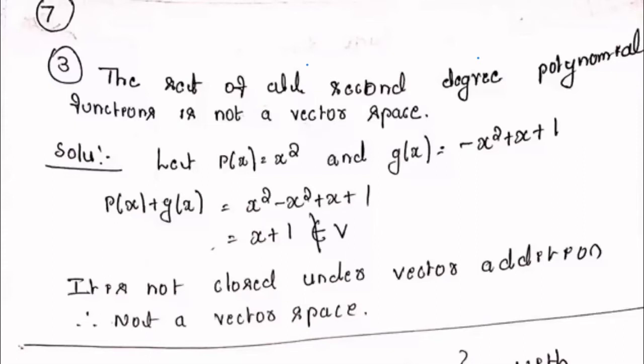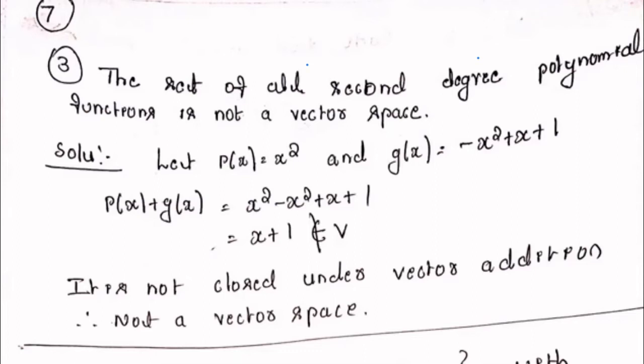One is x square, another one is minus x square plus x plus 1. One is P of x, another one is g of x. What I'm doing is adding those two. As you all know, the first property is that if you take any two vectors and add them, the result should also lie in the vector space only.